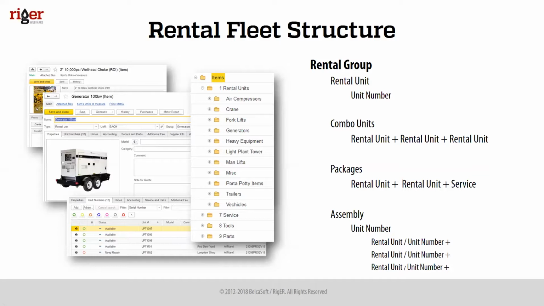If we talk about rental units, we can handle from 100 units, like just a minimum, to multiple thousands of different units. I believe the maximum records we have right now would be maybe 10 to 15,000 serial numbers, rental unit numbers.